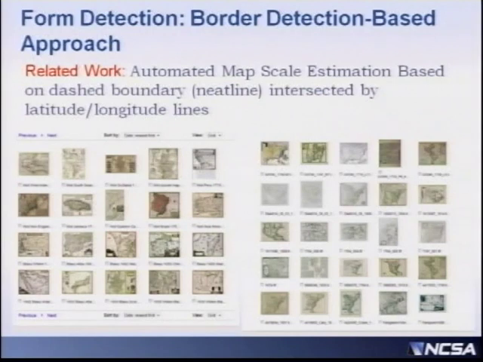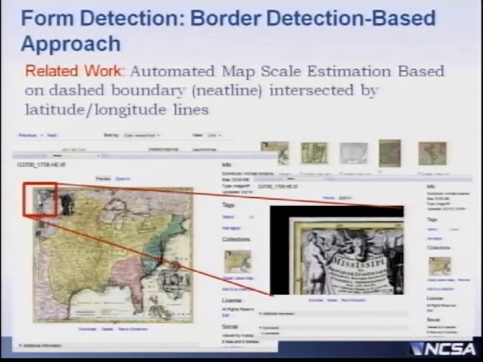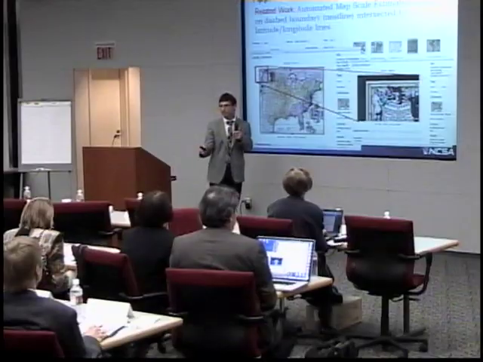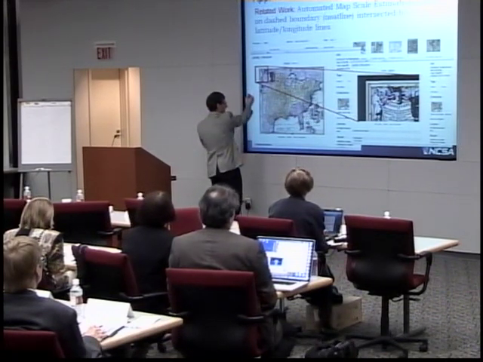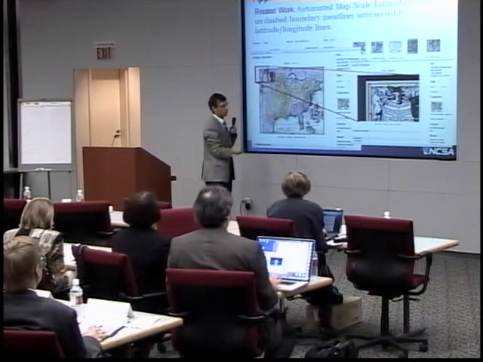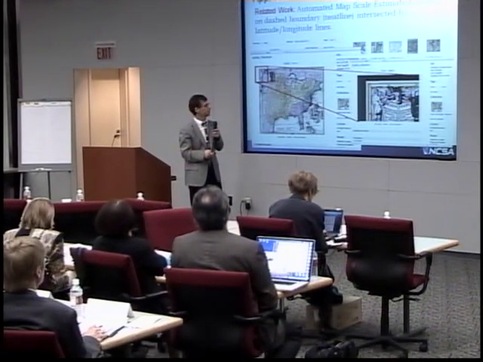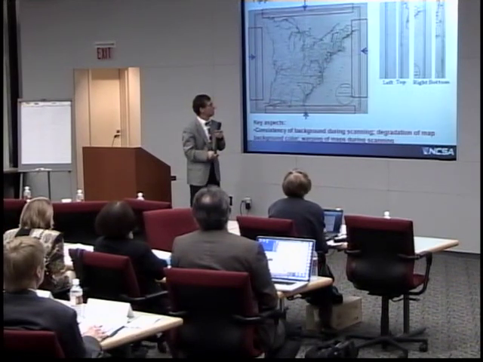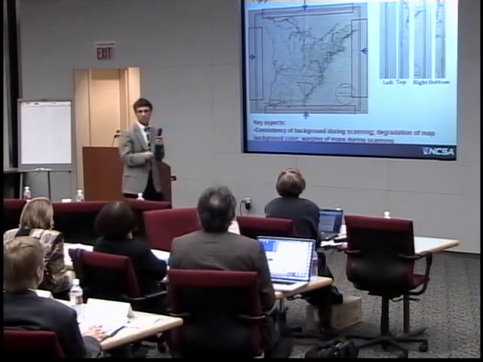We have these maps that are huge, and we first try to find exactly the border of the map, and then we can analyze the neat lines. But from the 1940 census perspective, you could approach the problem by just identifying the border of each form, and then you know exactly where the fields are. The key aspect here would be consistency of the background.